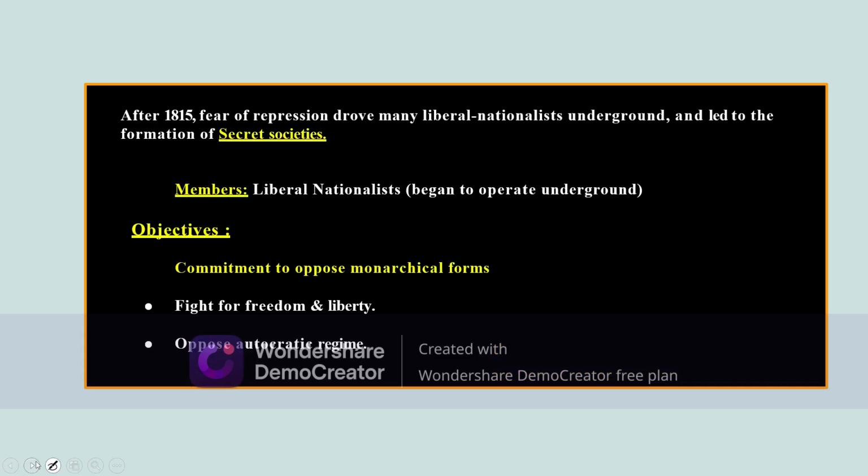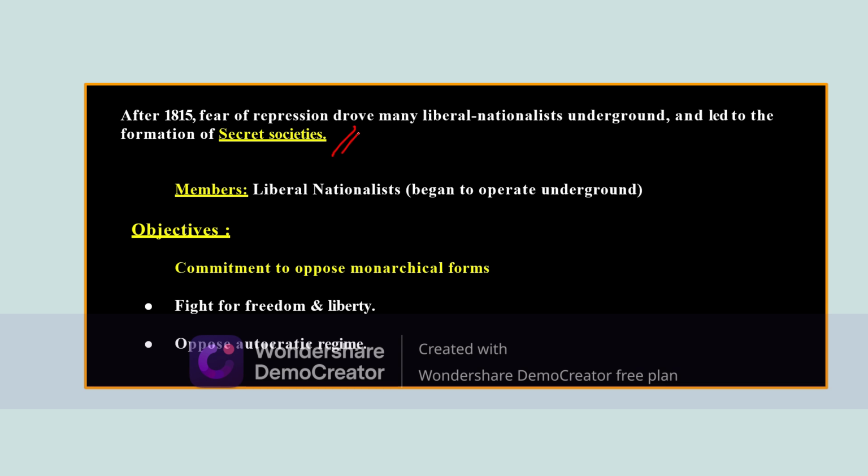After 1815, fear of repression drove many liberal nationalists underground and led to the formation of secret societies. So after 1815, when that conservative regime was established, this made many liberal nationalists create secret societies.